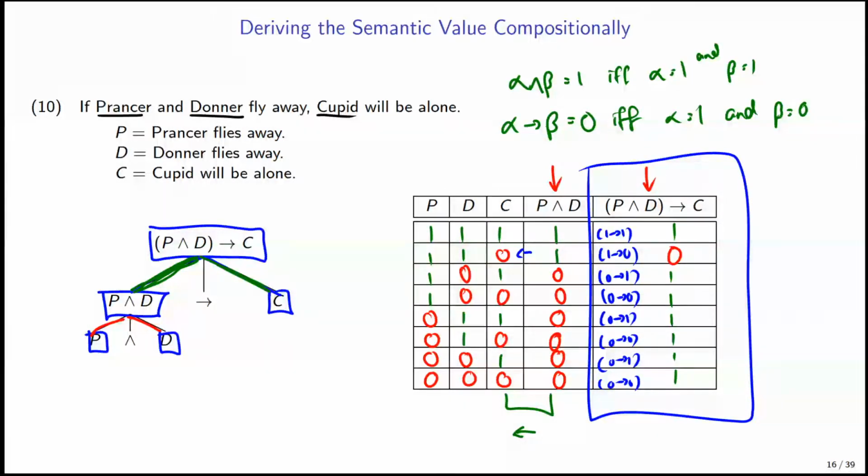What this means is that it's only false when Prancer flies away, Donner flies away, and Cupid is not alone. So that's the condition where this is false. So you look at the individual values to figure out which sentences are true, which sentences are false, and that tells you when the entire complex sentence is false.